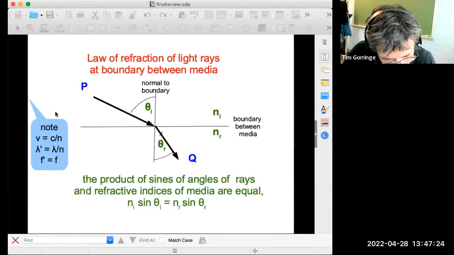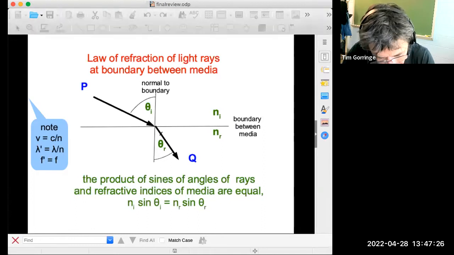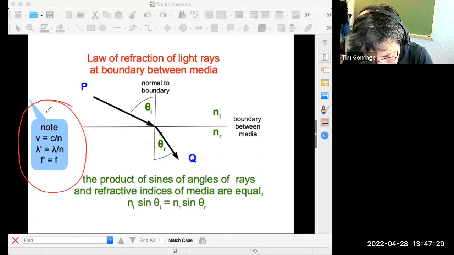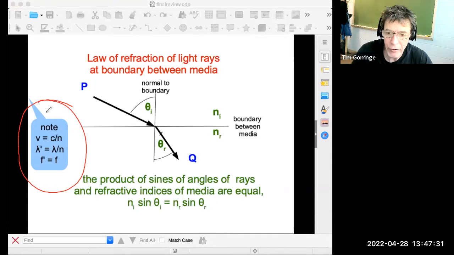There's one little extra piece of information that you need with the law of refraction. Now, when you reflect, the reflected light has the same wavelength, the same frequency, the same speed as the original light, the incident light. When you refract, the speed is different. It could be larger or smaller, depending on the refractive indices of the two materials.